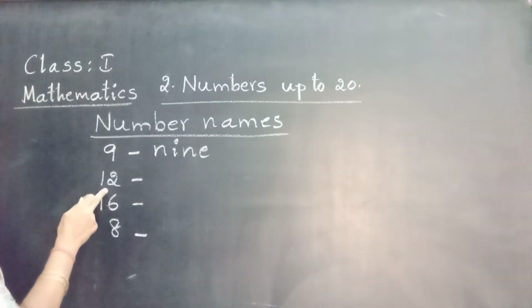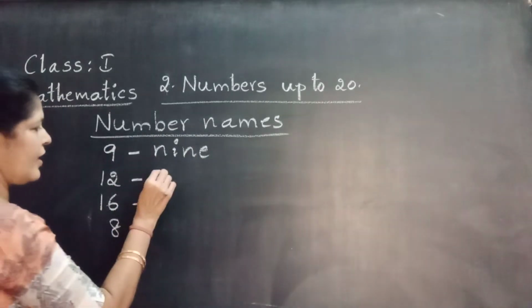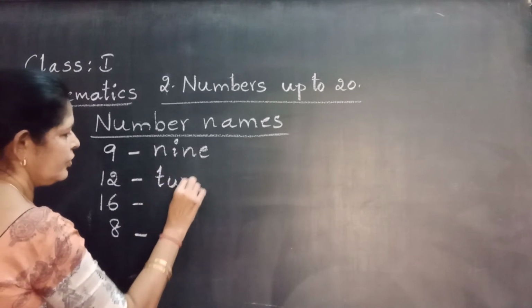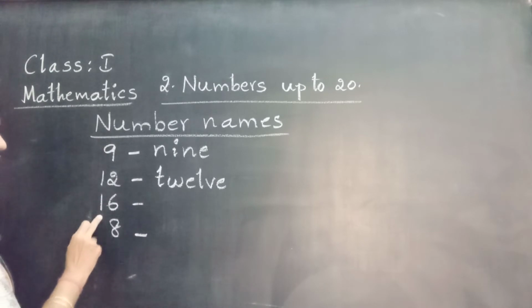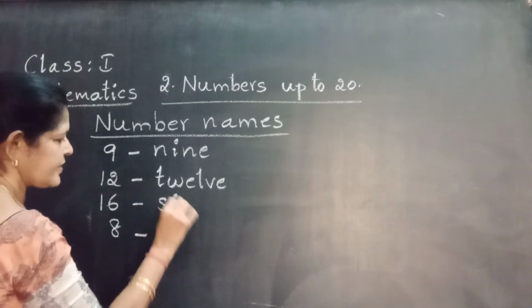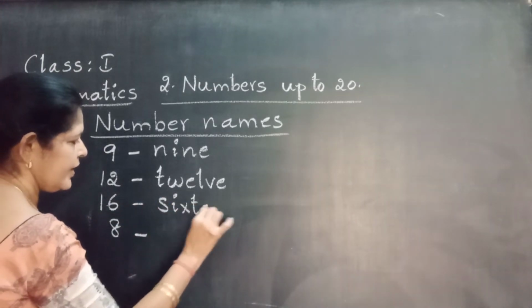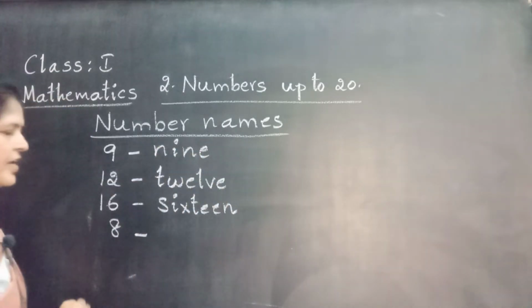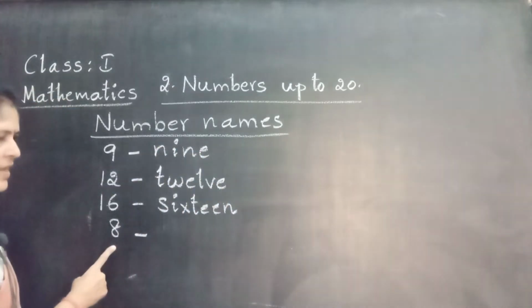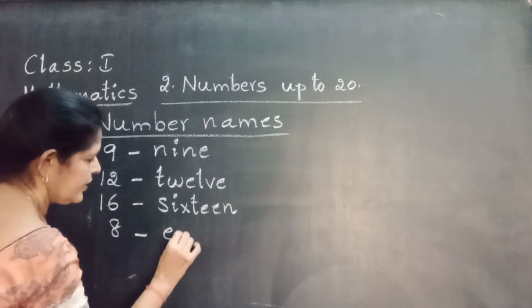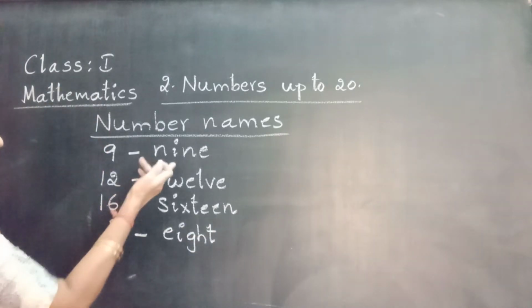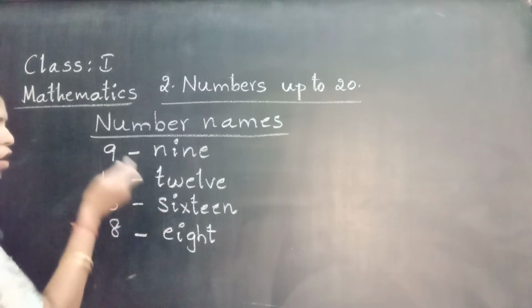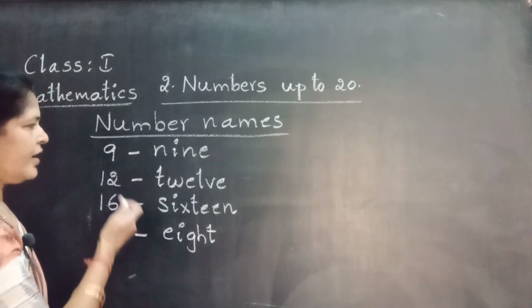Very good. What is this number? 12. T-W-E-L-V-E. 12. Next, 16. S-I-X-T-E-E-N. 16. What is this number? 8. E-I-G-H-T. 8. Number names means how we are going to read the number.